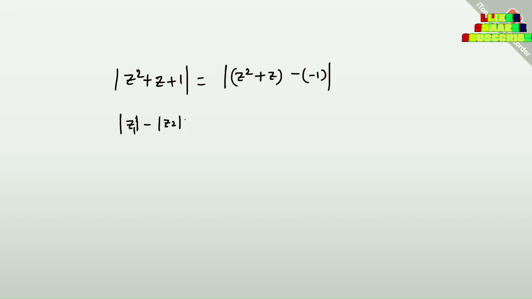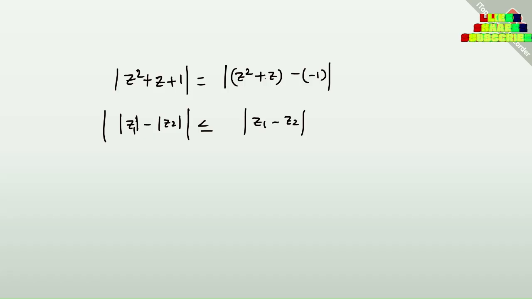Now we can rewrite mod of Z square plus Z plus 1 as mod of Z square plus Z negative of 1 under the mod, and we know that mod of Z1 minus mod of Z2 under the modulus is less than or equal to mod of Z1 minus Z2.